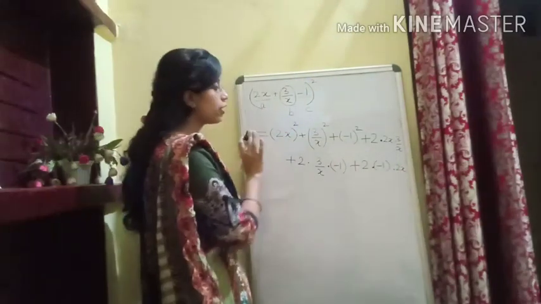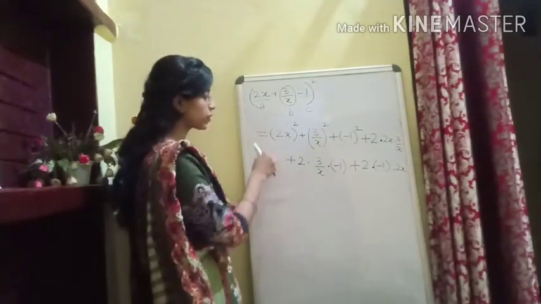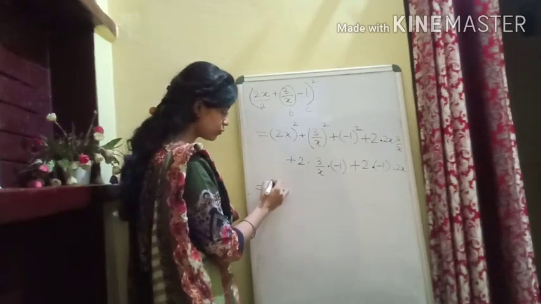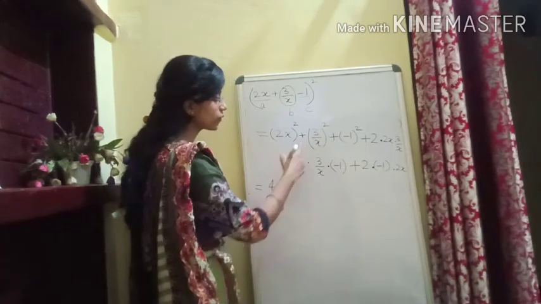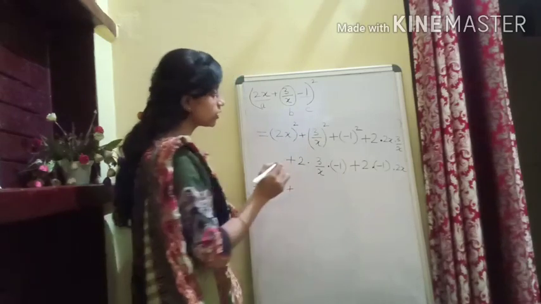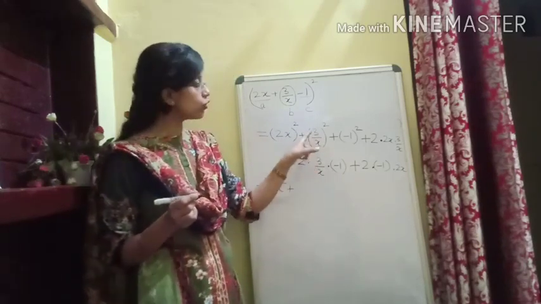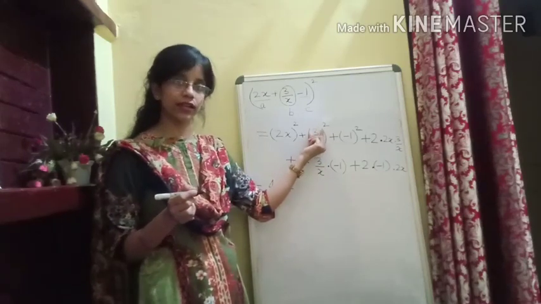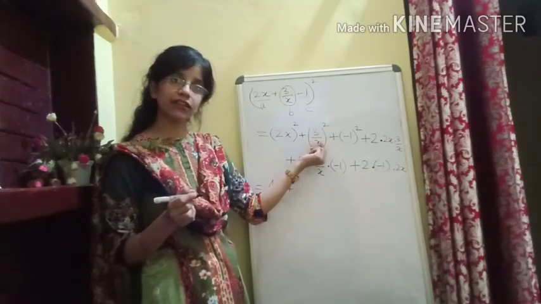Is it clear? Now we are just going to simplify. What is the square of 2? 4. Square of x? So it will be 4x square. Plus, here it is given in division, so we square the numerator and the denominator as well. The square of 3 is 9 and the square of x is x square.